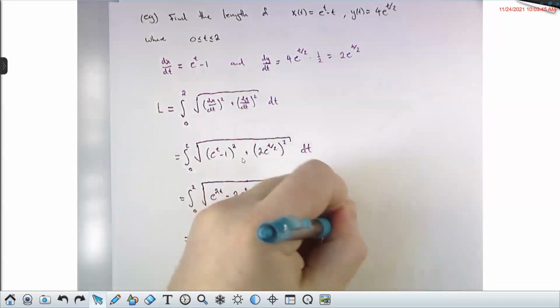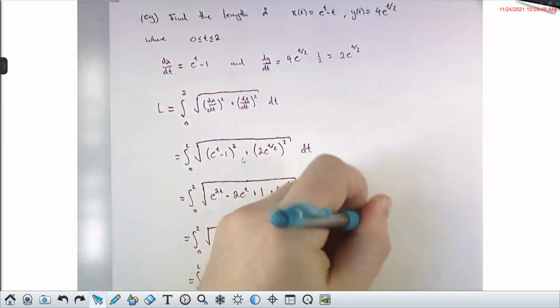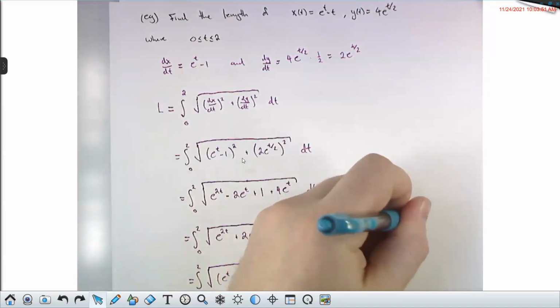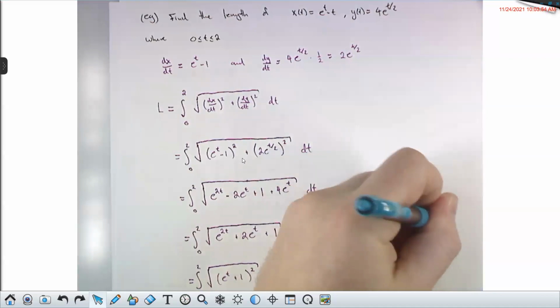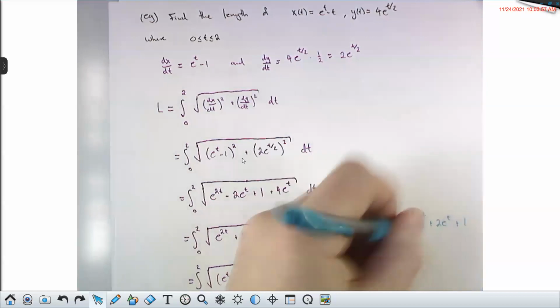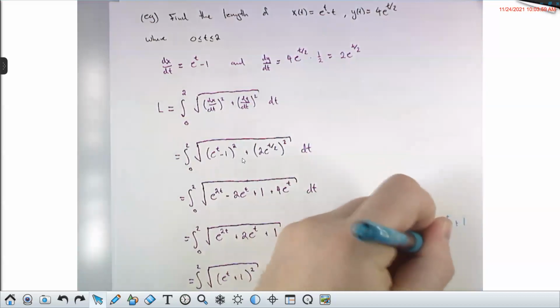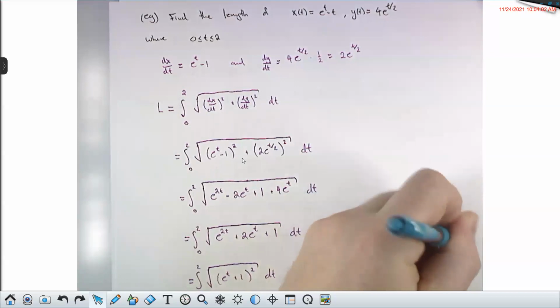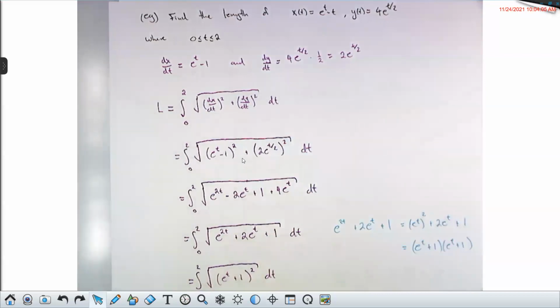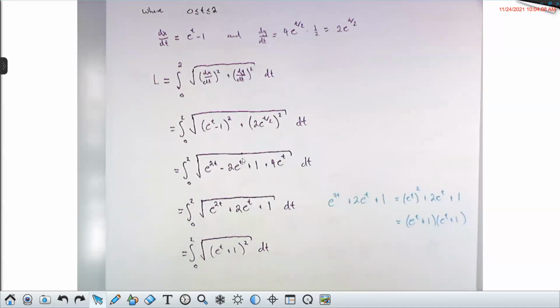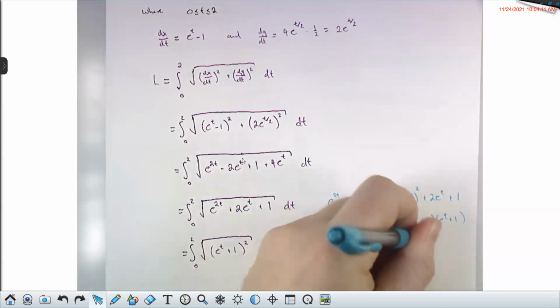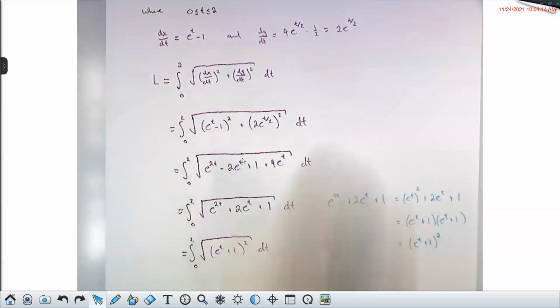So that e^(2t) + 2e^t + 1, which is (e^t) squared + 2e^t + 1, is the same as (e^t + 1) times (e^t + 1). You factor it like a quadratic. And that's (e^t + 1) all squared. So that's kind of the magic step here.